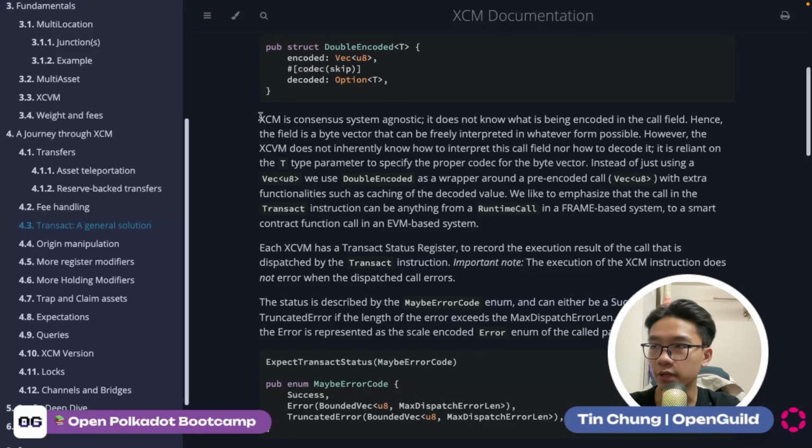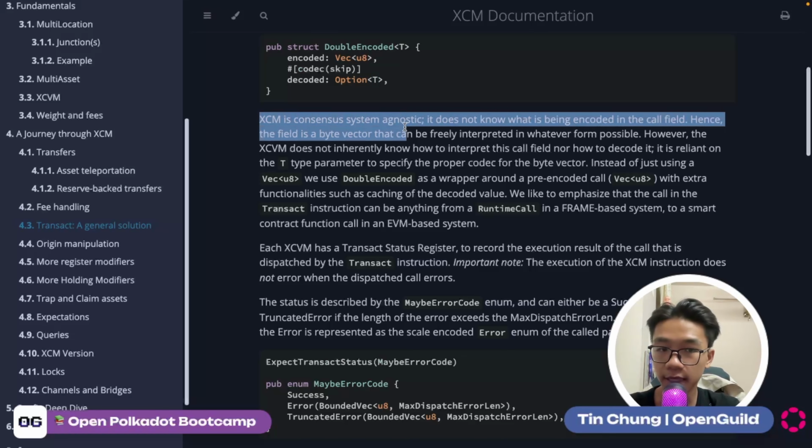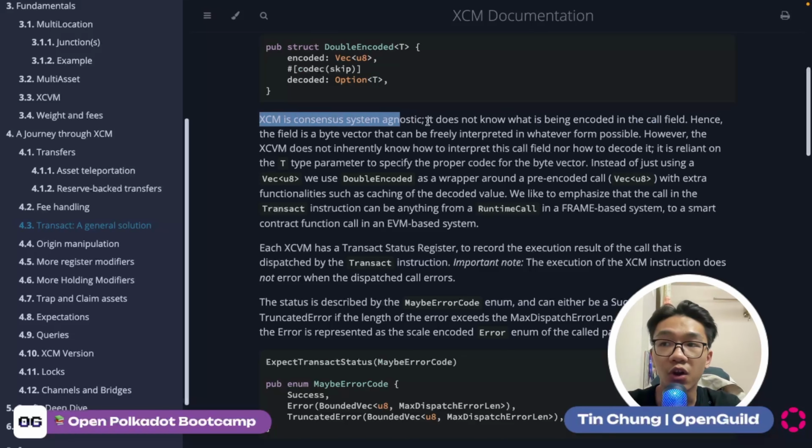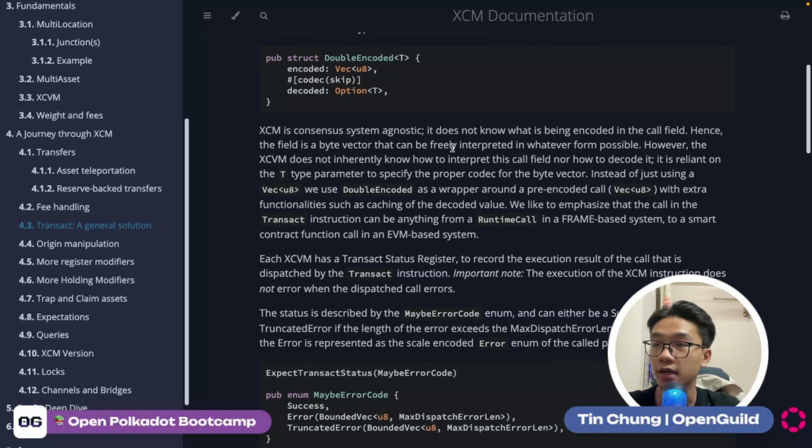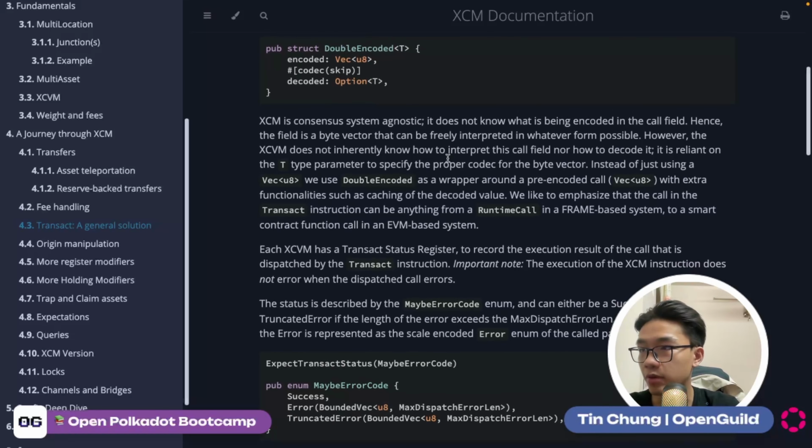One thing must be noted: XCM is consensus system agnostic, as we learned in the previous part. So it does not need to know what is being encoded in the call field. Hence the field is a byte vector that can be freely interpreted in whatever form possible. You can send basically a hello world string, encode it into a vector U8, and pass this into a double encoded call, and no one knows what this means because it's simply a byte vector. However, the XCVM does not inherently know how to interpret this call field or how to decode it.